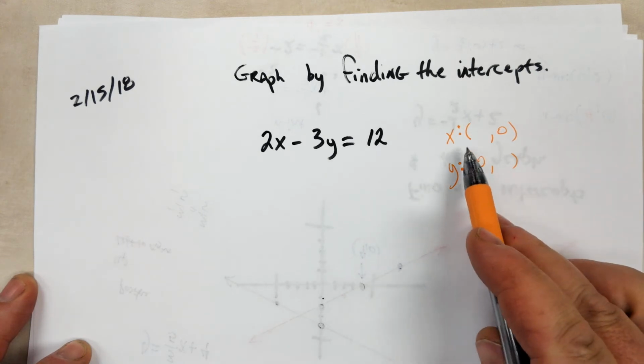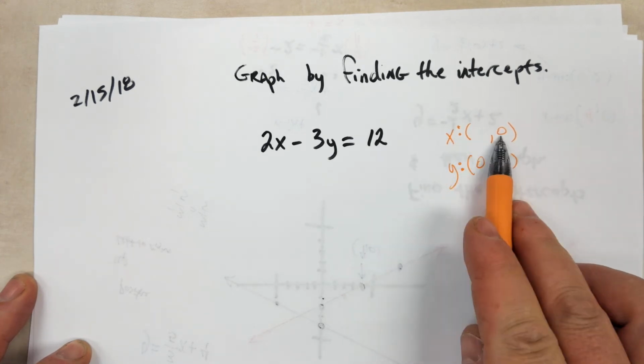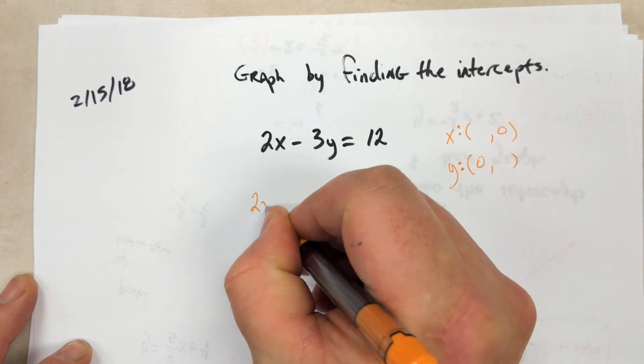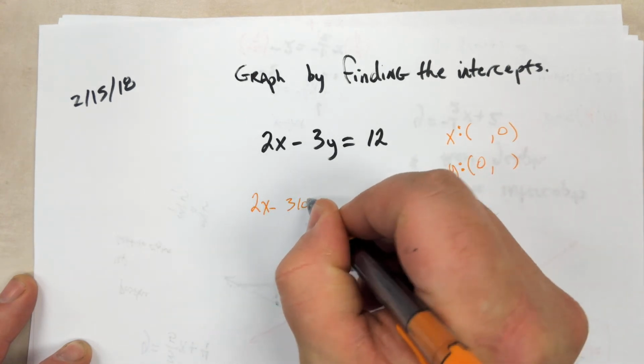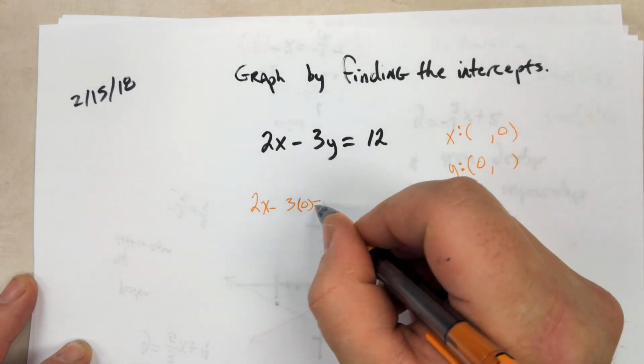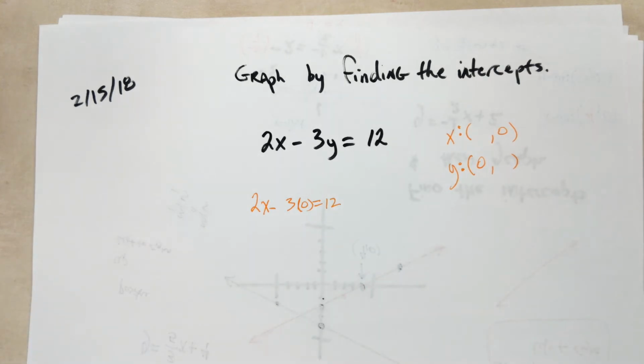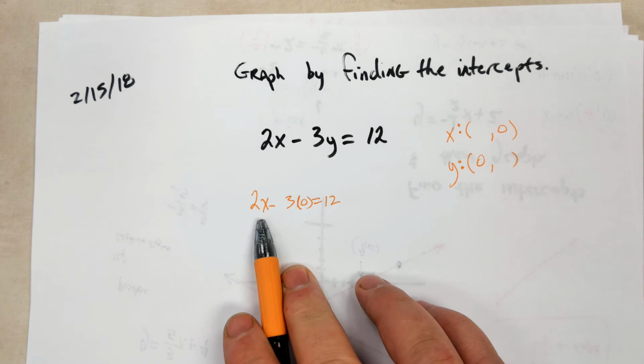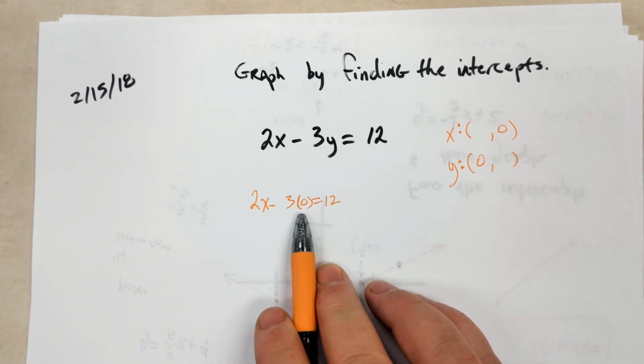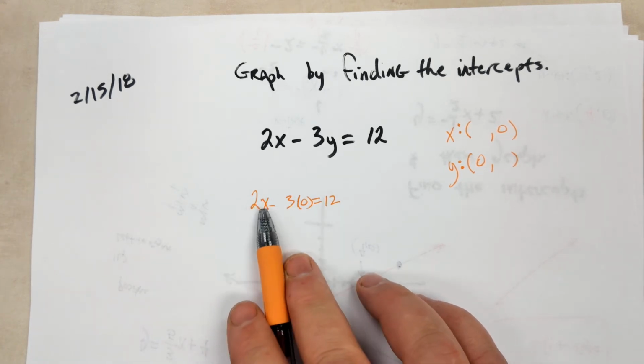So for the x-intercept, put a 0 for y. So 2x minus 3 times 0 equals 12. So this is 2 times x minus 0, basically, right? So 2 times x is 12.